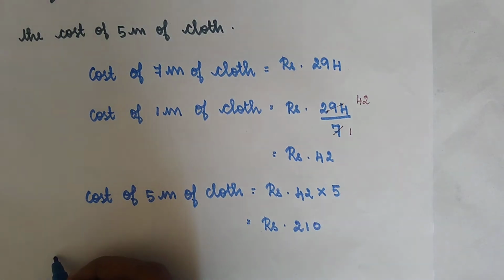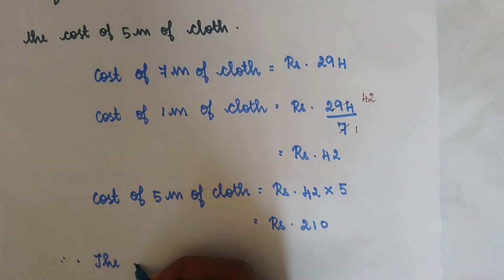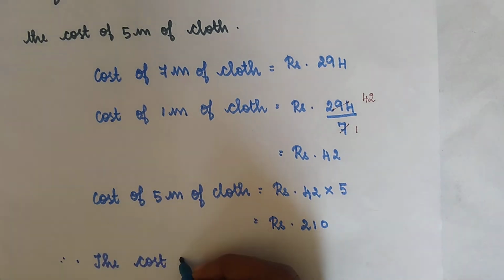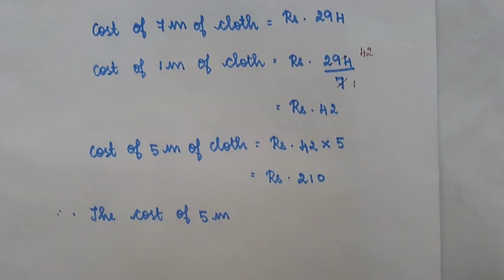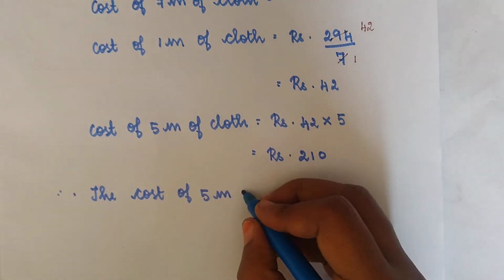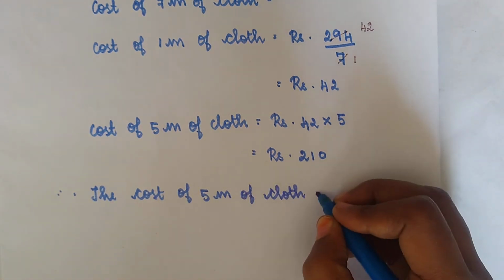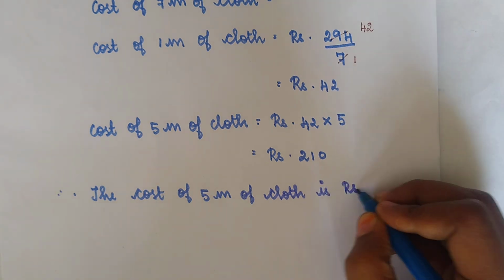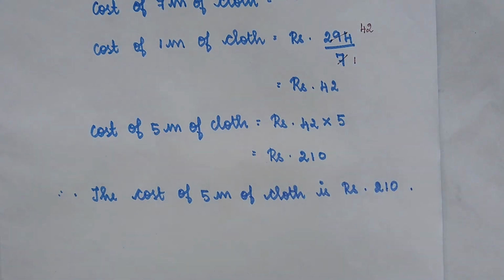Hence, therefore, the cost of 5 meter of cloth is rupees 210. Okay, next we have to move to the next sum.